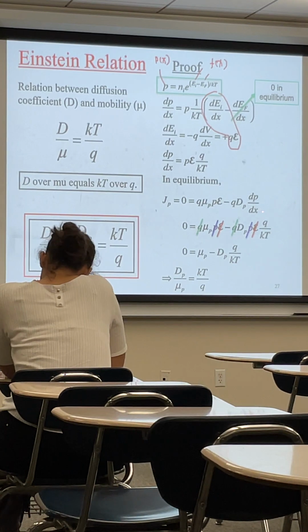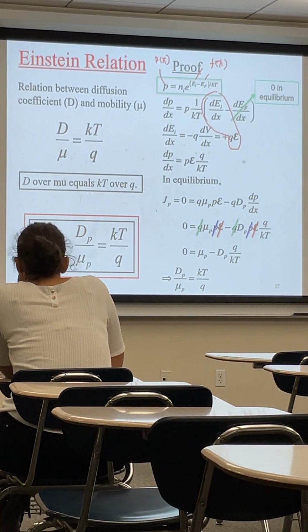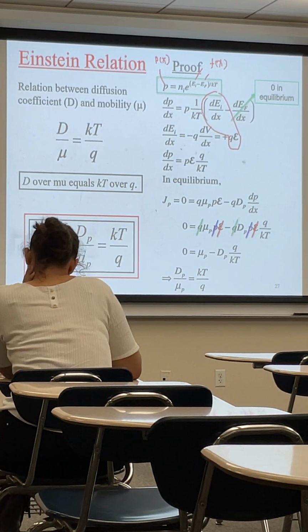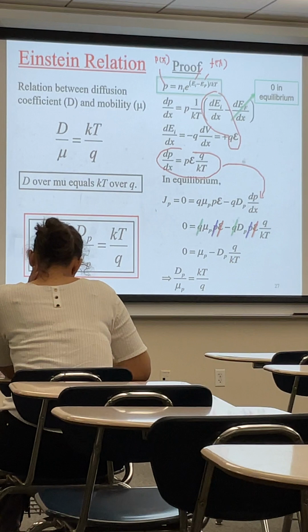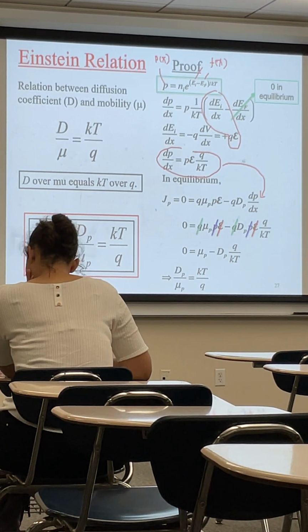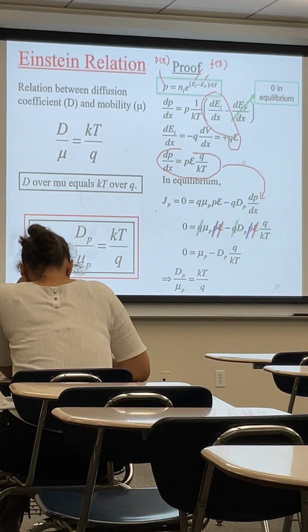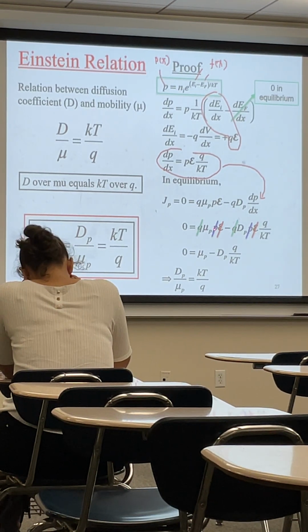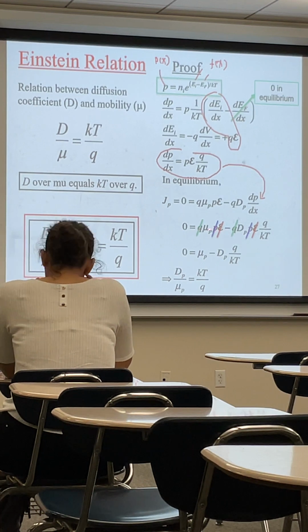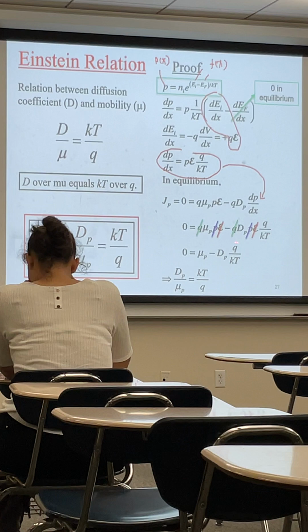Now if we replace this dP over dx by what we have derived here, we'll see that a lot of terms can be cancelled out, because on these two terms we both have P, both have Q, and also have E. And we can reorganize this.